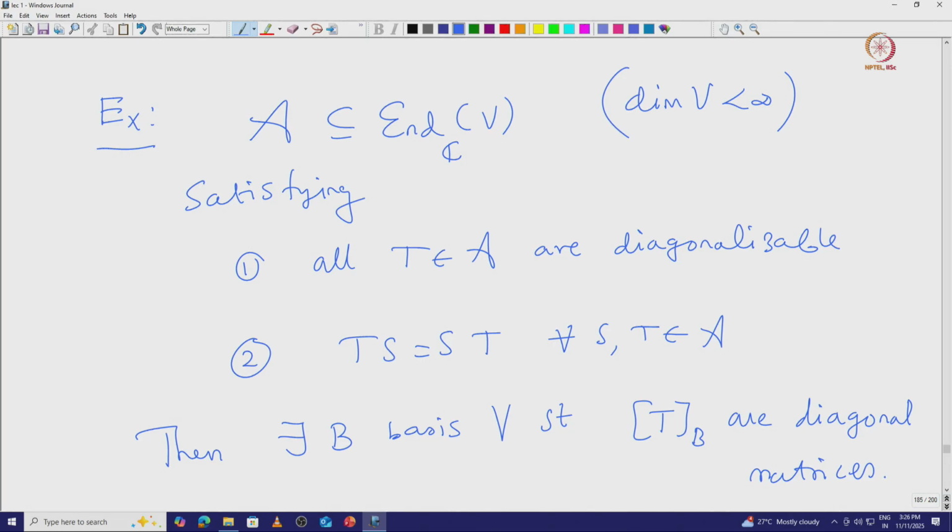So, if you have a mutually commuting family of diagonalizable operators, then we will be able to diagonalize them simultaneously with respect to one basis. So, that is what this exercise says.